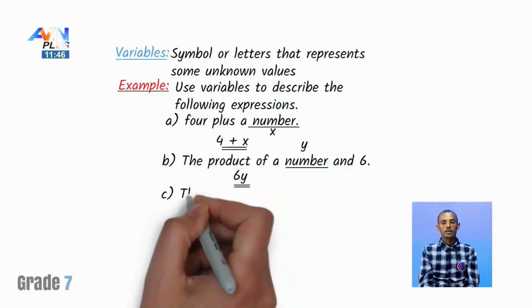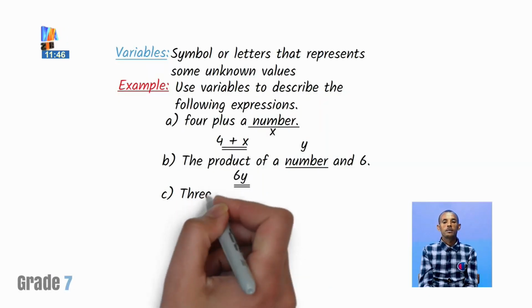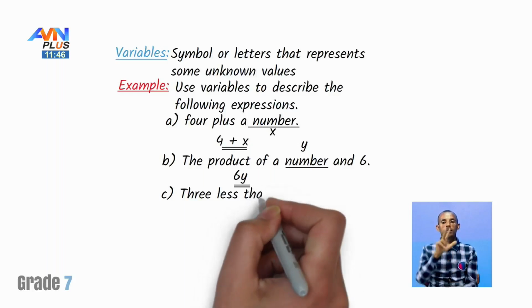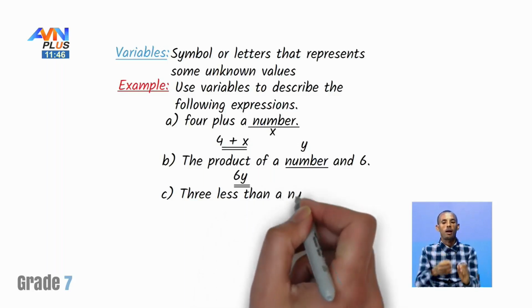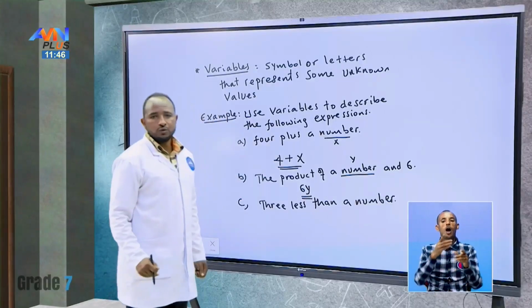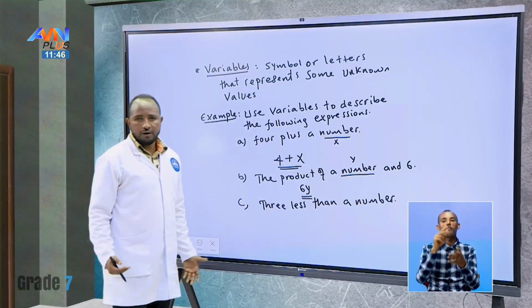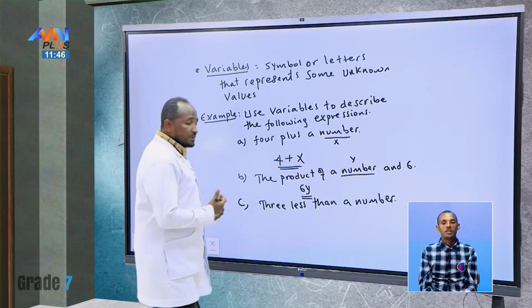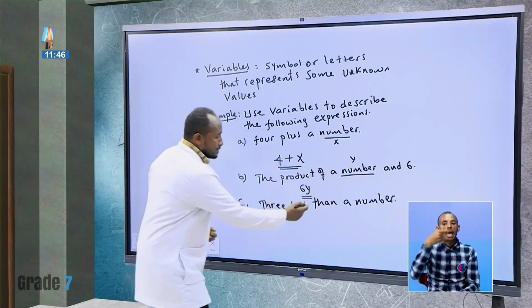3 less than a number. How do we describe this using variables? Here, the statement says 3 less than a number.